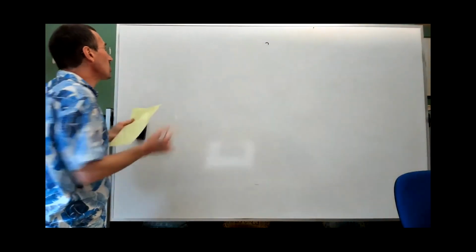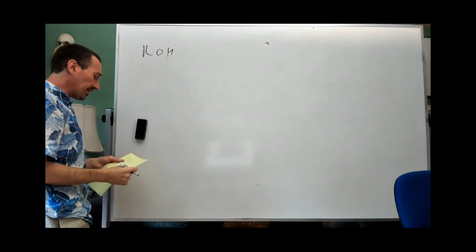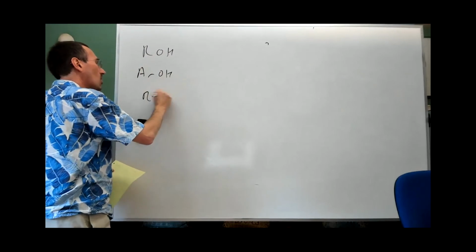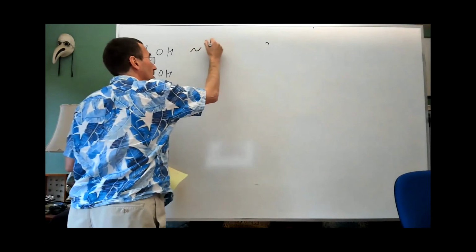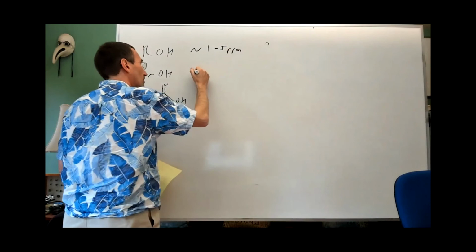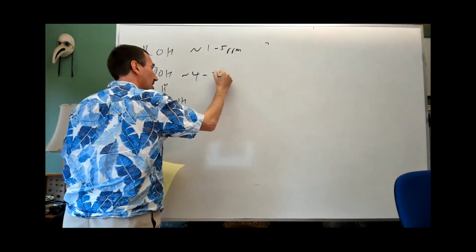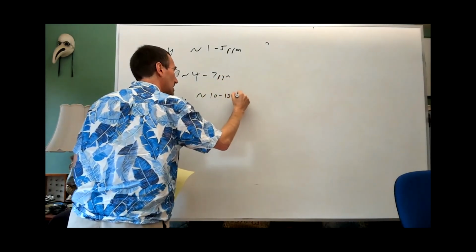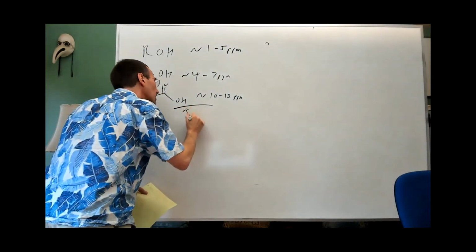So alcohols, and in general protons on OH groups, occur at highly variable positions, depending on whether they're alcohols, phenols, or carboxylic acids: about 1 to 5 ppm, about 4 to 7 ppm, and about 10 to 13 ppm, often broad or not seen.